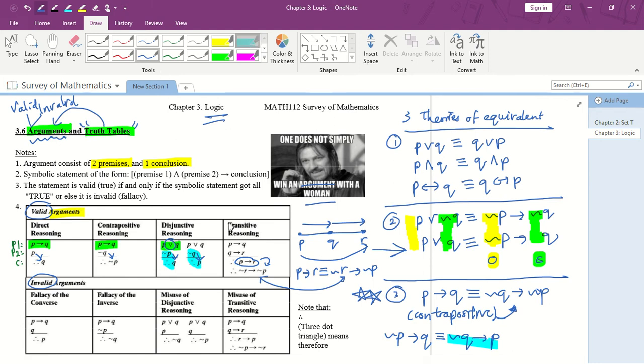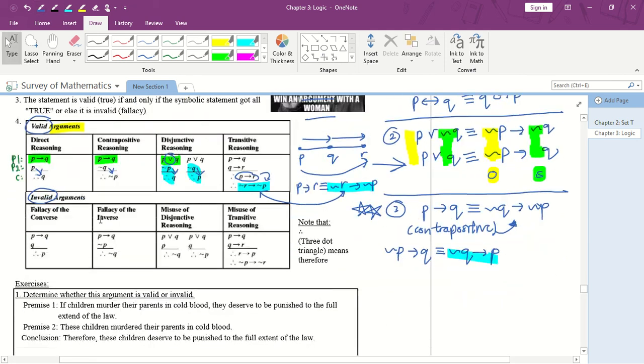So don't worry, it is a very interesting and easy thing. Of course, we also have fallacy under the invalid argument. We have the fallacy of the converse and the fallacy of the inverse, which we know are the same.